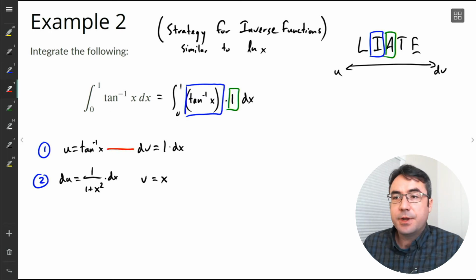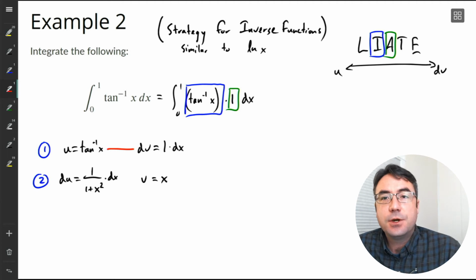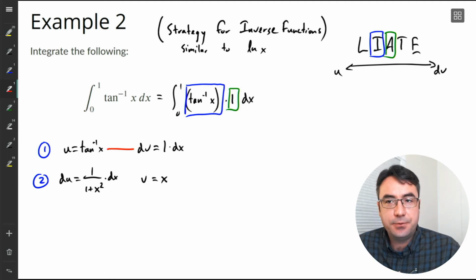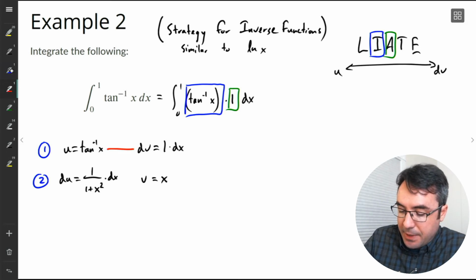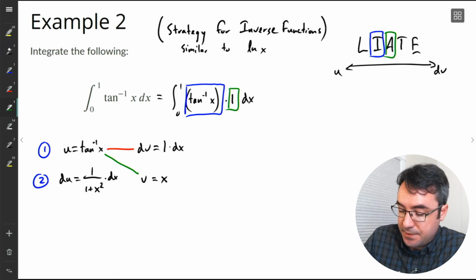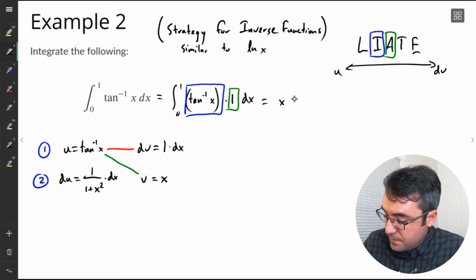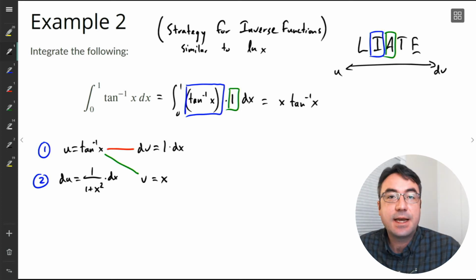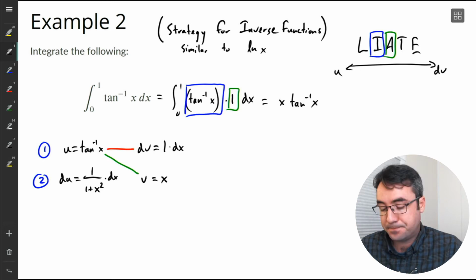Now we apply the integration by parts formula. So u times dv, that's the integral that we're trying to do. And integration by parts tells us that's equal to u times v. So let's write out u times v. So I'll write that as x times inverse tangent x.